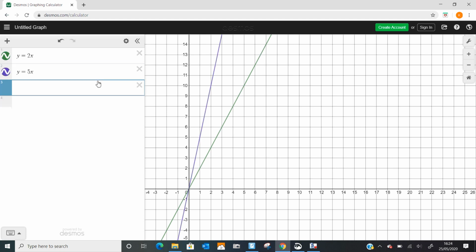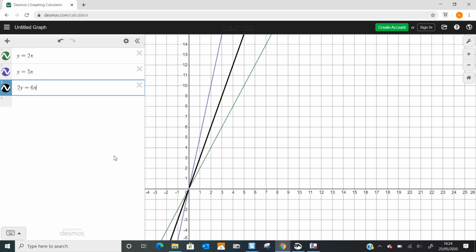What if I had the equation 2y equals 6x? What would that do you think? Remember what we're saying is that what we don't want is any number in front of y. I only want one y. But if I was to write in 2y equals 6x, what I've got here is a gradient of 3, as you can see.